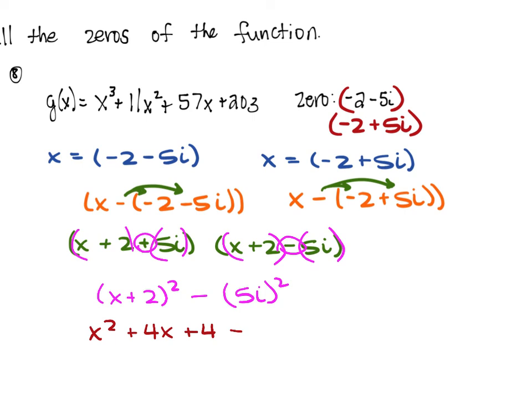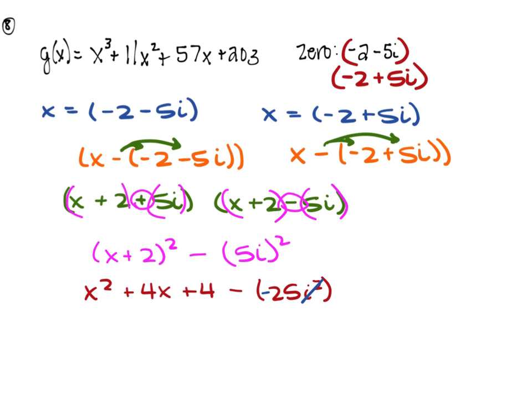We have a minus 5i squared, which is a minus 25i squared. That i squared is a negative 1, so that becomes a negative 25. So we have x squared plus 4x plus 4. Negative times the negative is a positive 25. We add that 4 and that 25 to get x squared plus 4x plus 29.